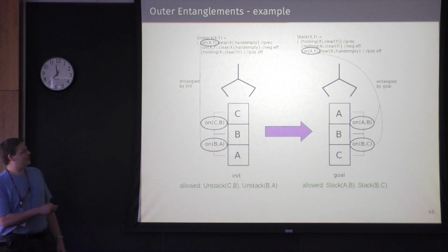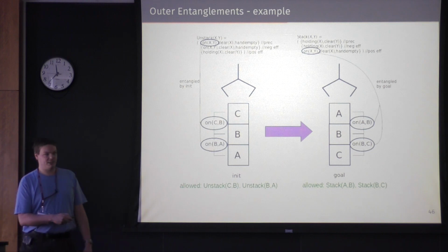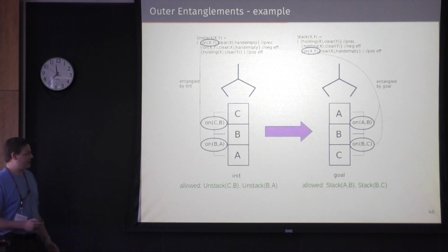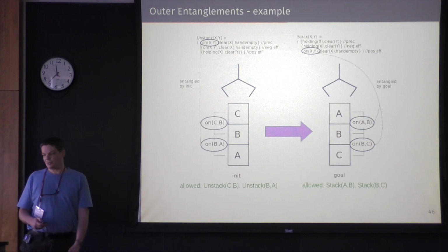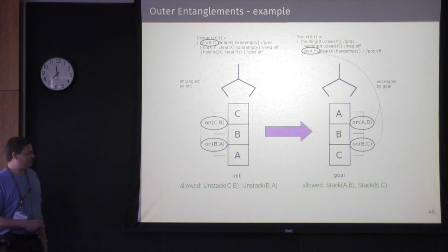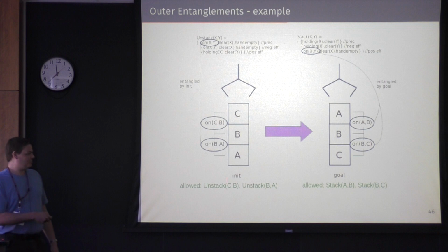So we can see that the operator stack is entangled by goal with predicate on, and if this is some goal situation we would like to achieve, that A is on B and B is on C, we need only those instances of stack operators, so we can stack A on B and B on C, and we don't have to care about the other instances. And exactly in this case we can quite considerably reduce the number of instances, because the number of those instances is in general quadratic, because you consider every combination of blocks.